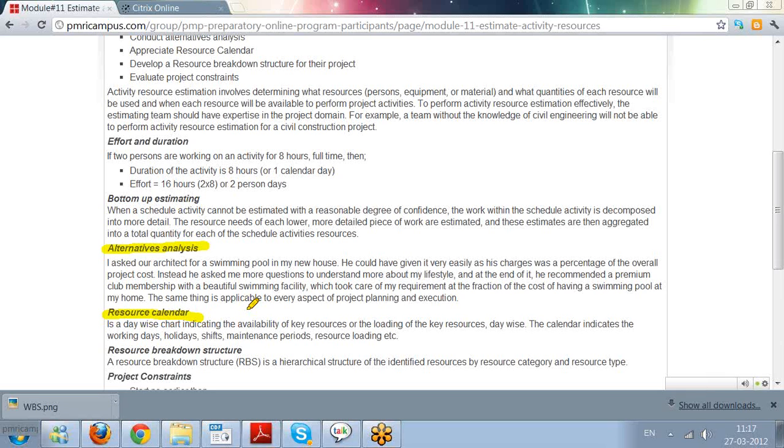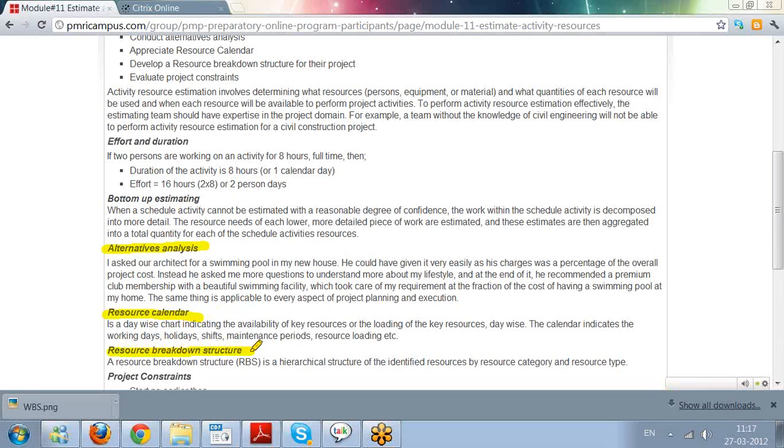First we define the resource calendar, and this is applicable for every major resource or high value equipment or tools used for the project, because these may be booked by other projects as well. Whenever somebody else has booked that particular facility or equipment, those dates should be blocked as not available, and only the balance days are available for the project under consideration. This we call a resource calendar.